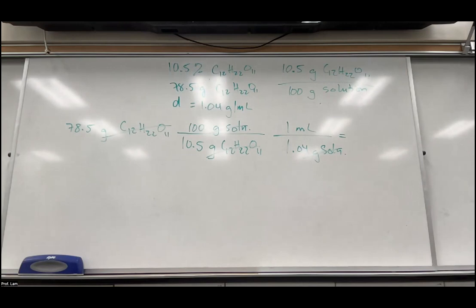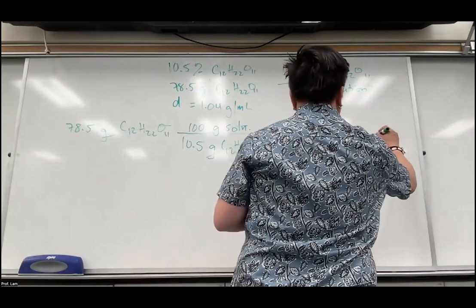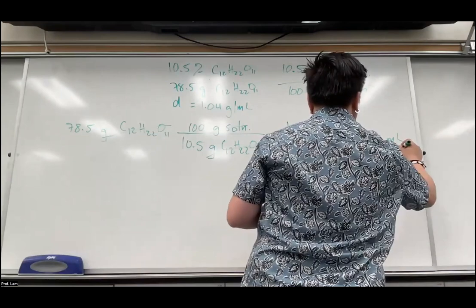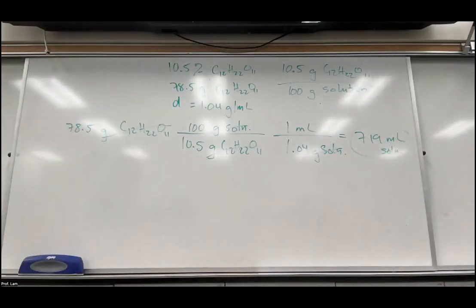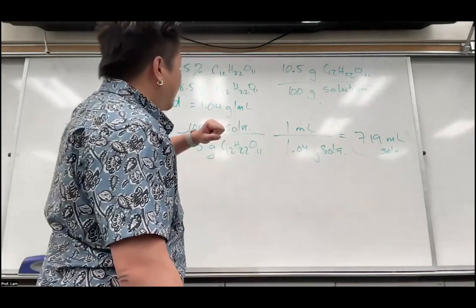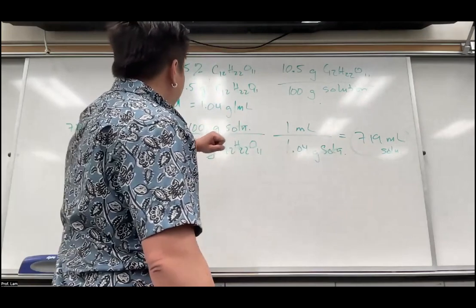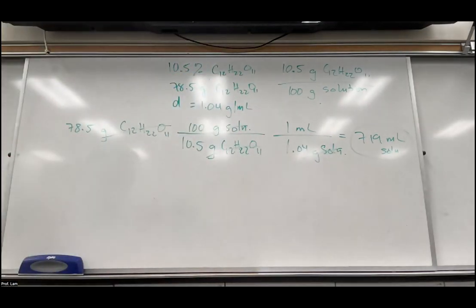78.5 times 100 divided by 10.5 divided by 1.04 gives 719 milliliter of the solution. Okay. So that's the answer, right? You need 719 mils of the sugar solution to have 78.5 grams of sucrose, of the sugar.